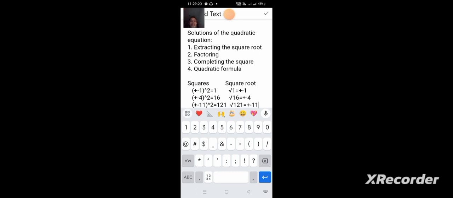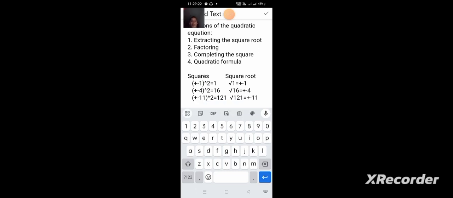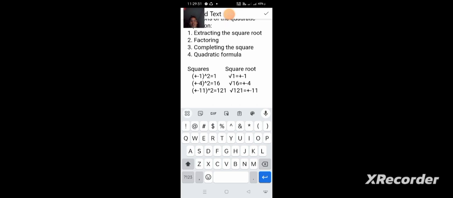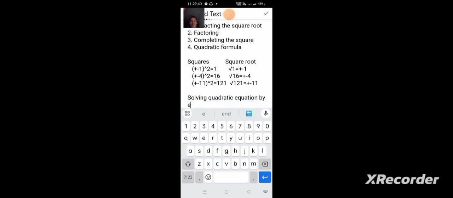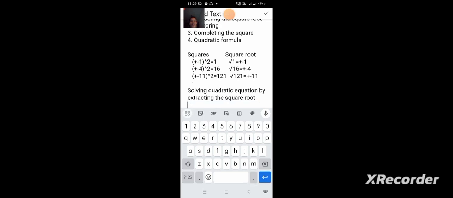Okay, so now we can proceed on how to solve a quadratic equation by extracting the square root.